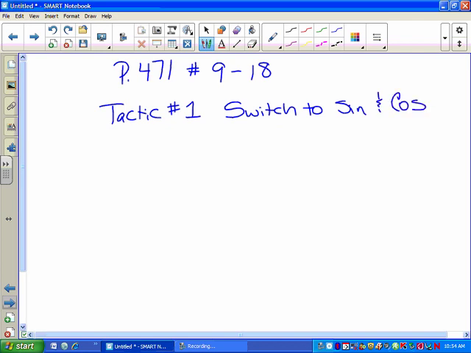A lot of times it's easier to simplify your identities if they're in sine and cosine. So we'll take whatever they give us and switch it to sine and cosine. So we're going to use number 9 to demonstrate this, and then you'll do number 10 by yourself. Number 9 says tangent theta times cosecant theta.